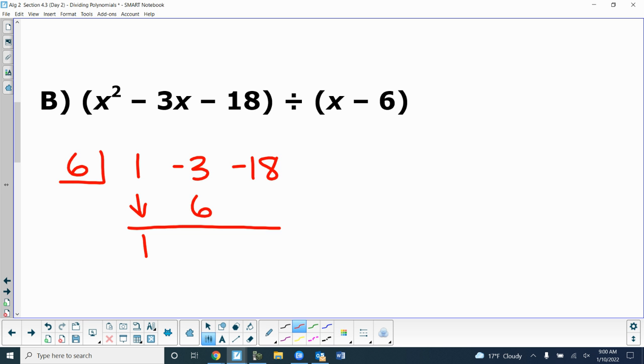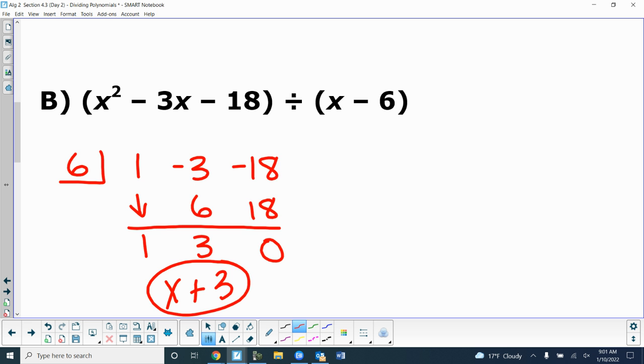Below it? Negative 3. Above the line? 18. Below? 0. That's nice. No remainder, right? So what's my answer? 1x plus 3, right? No remainder.